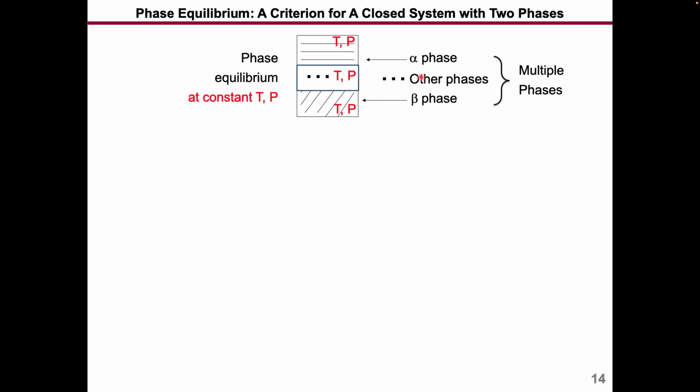Now, within this alpha phase, you can have two species, like water and ethanol, both in liquid phases and also in vapor phases. So those are going to be multi-components, but at least we have multi-phases here.